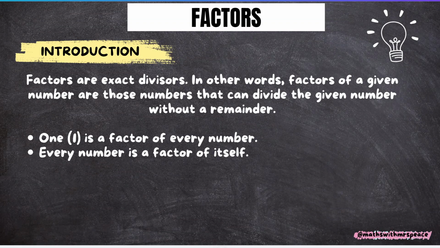Factors are exact divisors. In other words, factors of a given number are those numbers that can divide the given number without a remainder. Now, what does this mean? Take, for instance, the number 12.